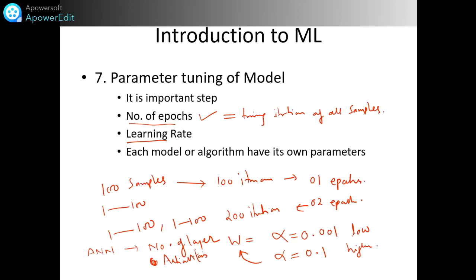Several parameters are associated with each algorithm, so we also have to change those. So this parameter tuning is one of the important steps, and you can increase the accuracy or the prediction with the help of these parameters.